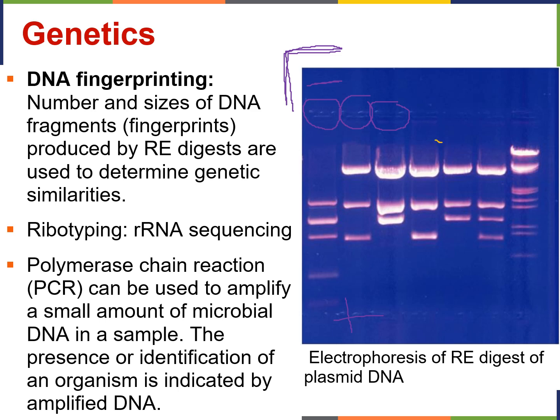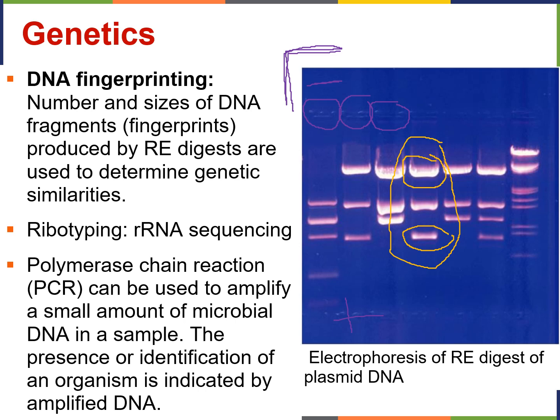So if you were to look at this one band of DNA right here, the rule is the smaller the piece of DNA is, the faster it will run on a gel. The bigger the DNA is, the slower it will run on a gel. So this piece of DNA down here is much smaller than this piece of DNA up here.